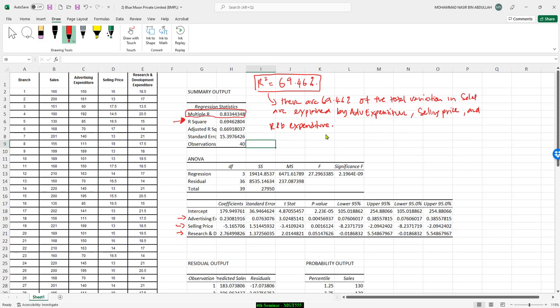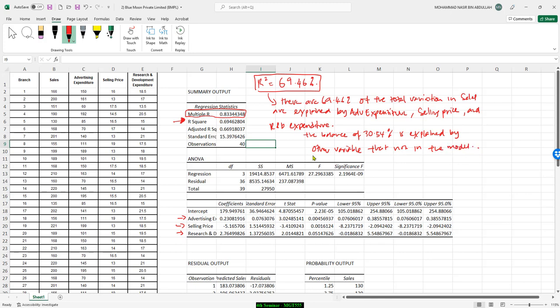So the balance, what is the balance? 100 minus 69.46 should be equal to 30.54. 30.54% is explained by other variables that are not in the model.